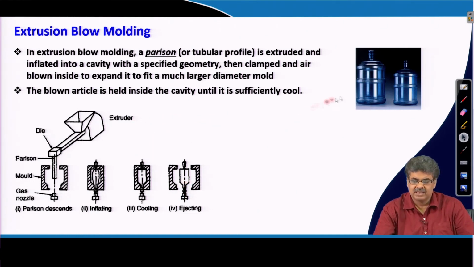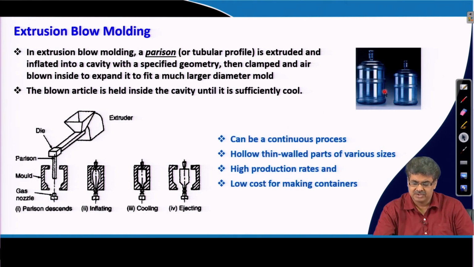So, in this case this type of products are produced. So, this can be a continuous process. Hollow thin wall parts of various sizes can be produced in extrusion blow molding processes, with a high productivity rate and low cost for making containers.